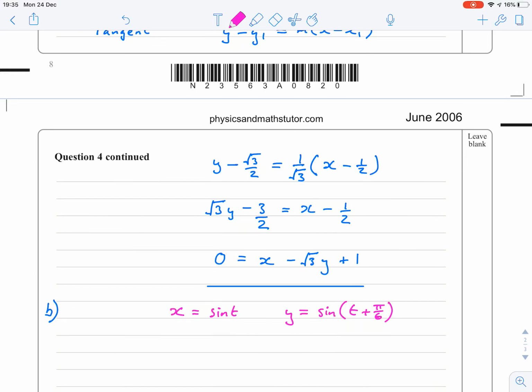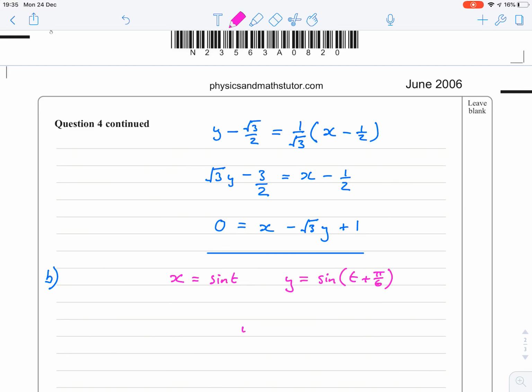Now, what would seem a reasonable place to start would be to expand sine of (t plus pi by 6). Sine of (a plus b) is sine a cos b plus cos a sine b. So we can say y is equal to sine t cos pi by 6 plus cos t sine pi by 6.